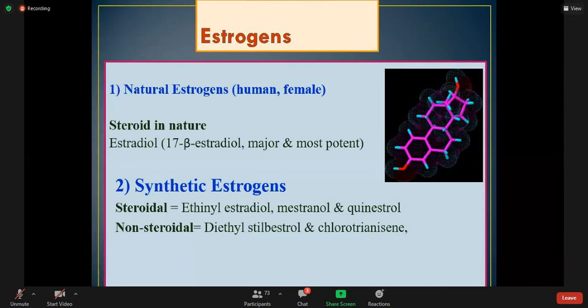So that is why the onset of action is slower, but the function is more potent when the new proteins have been formed. So the action would be potent and prolonged.